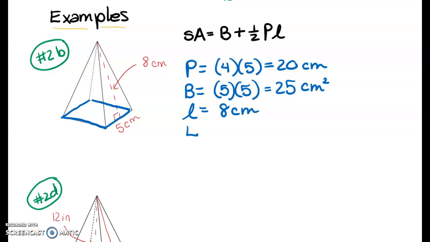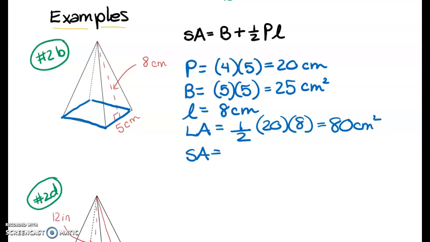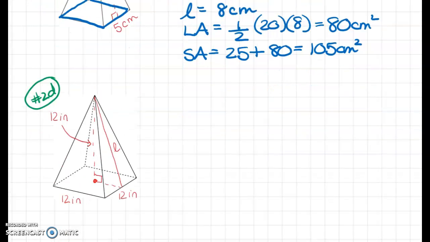So to find the lateral area, it's the second half of the formula. Our perimeter is 20 centimeters, and our slant height is 8. So that is a total of 80 centimeters squared. And then our surface area is just the area of our base plus our lateral area. They are like terms, so that's 105 centimeters squared. So that is similar to problem number 2b.